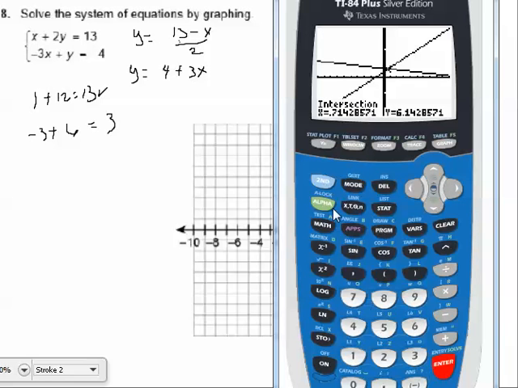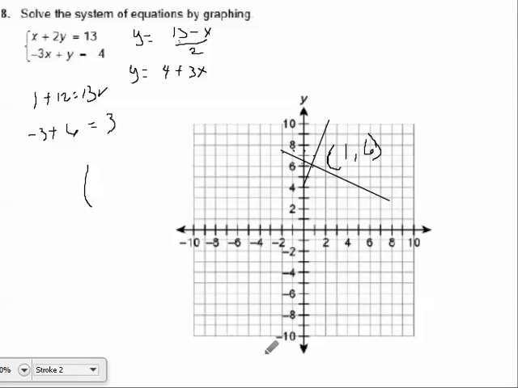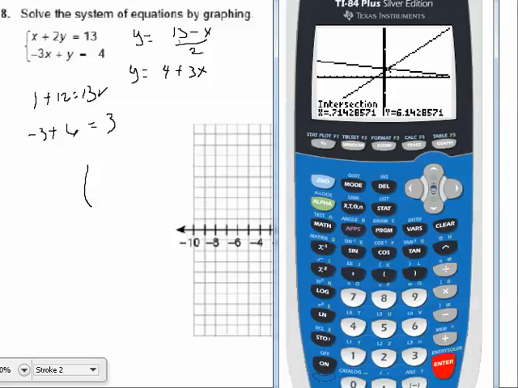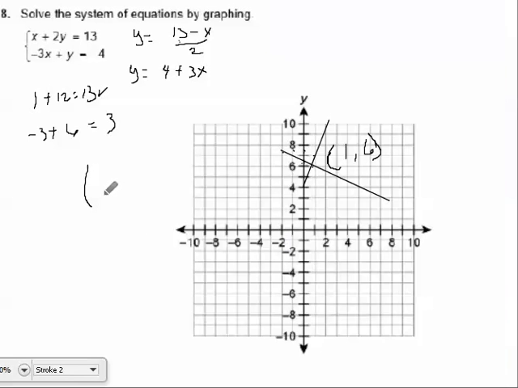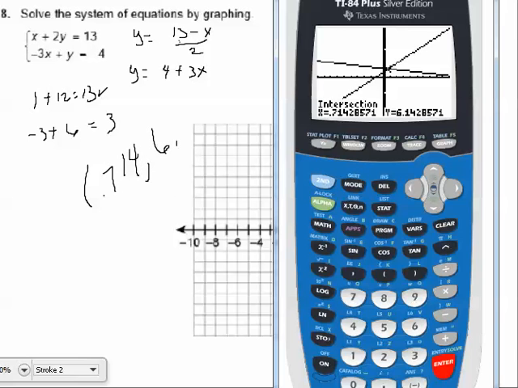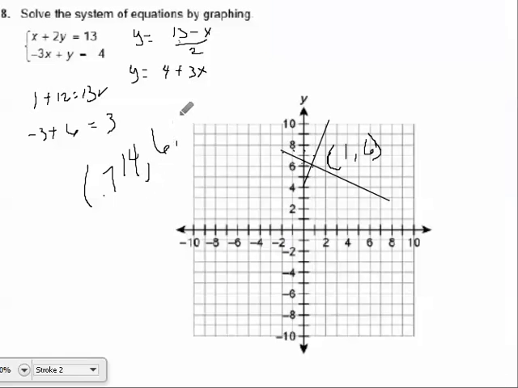And it's going to come back and tell me that it's at 0.71 and at 6.1. Wow. So it's not at 1, 6. It's at 0.714, 6.14.